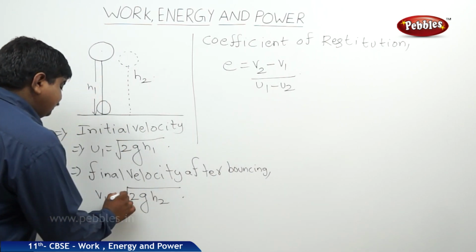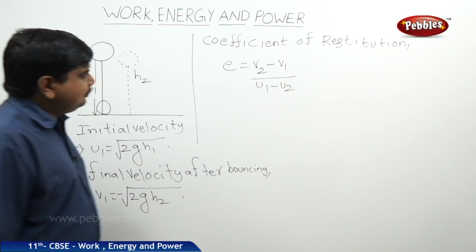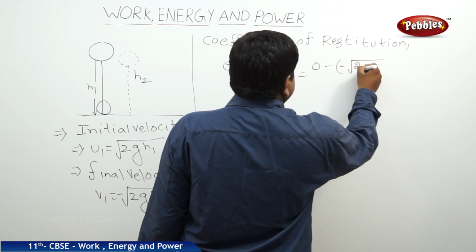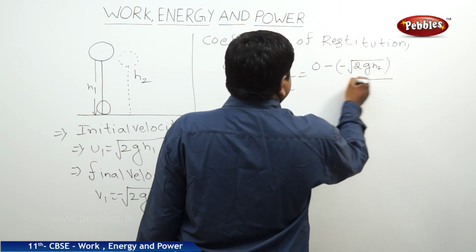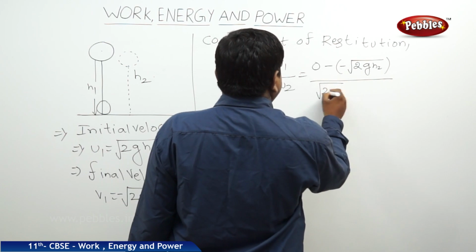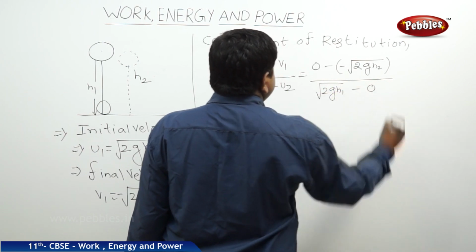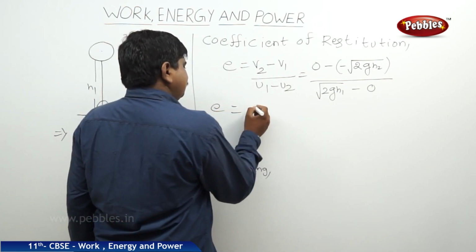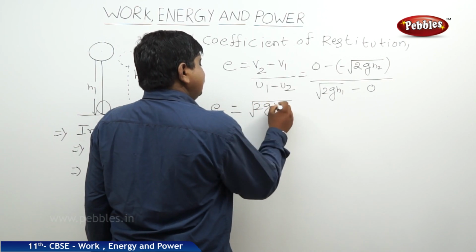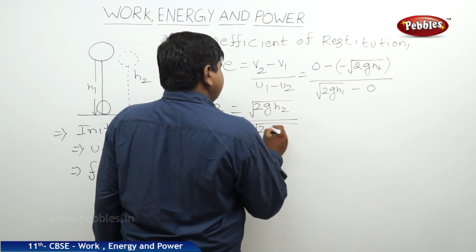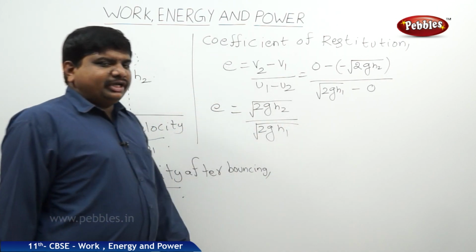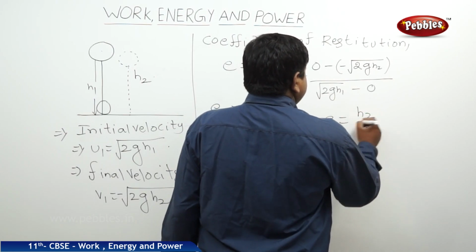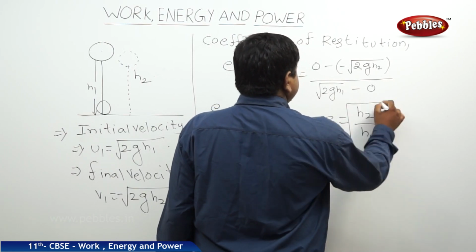Since it is going up, we put a minus sign. Therefore, with u2 as 0, e is equal to 0 minus of minus root of 2g h2 by root of 2g h1 minus 0. So, e is equal to square root of 2g h2 by square root of 2g h1, where we can cancel the 2g and 2g terms. Therefore, e is equal to square root of h2 by h1.